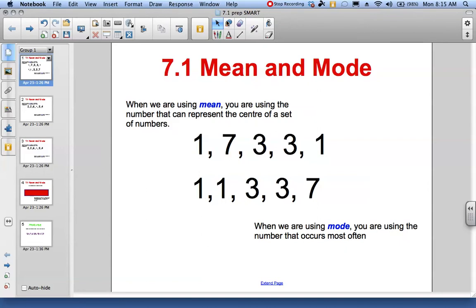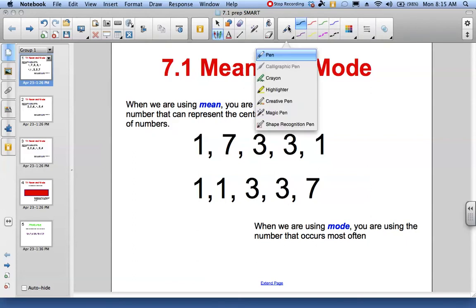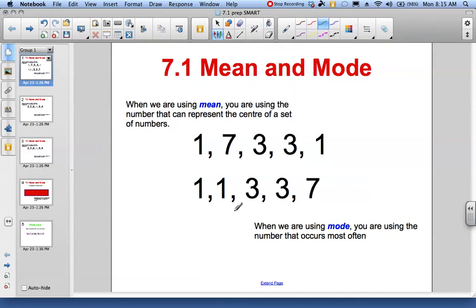Now my first job is to add those together. So 1 plus 1 plus 3 plus 3 plus 7. 1 and 1 is 2, plus 3 is 5, plus 3 is 8, plus 7 equals 15. Now, the next thing I have to do is divide that number by the number of digits in my data set.